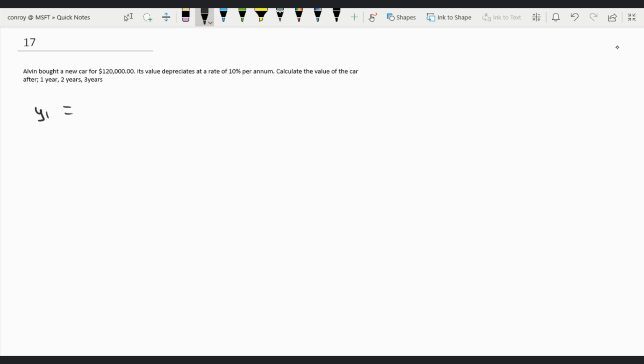Let's apply this formula to just tell us the exact value that the car will be after year 1, rather than just finding that 10% and then subtracting it from the cost of the item.